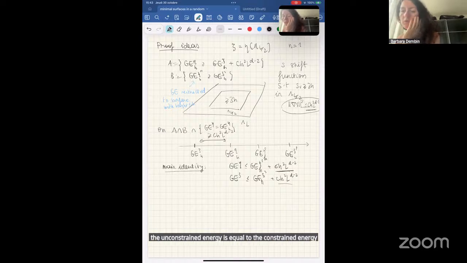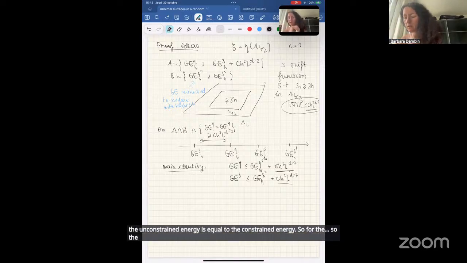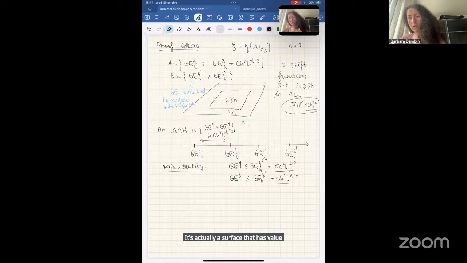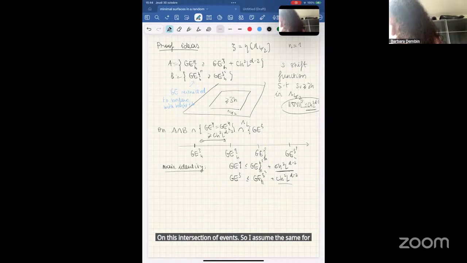So the surface realizing the minimum for GE eta is actually a surface that has value at most h. So we will see that we cannot be on this intersection of events. So I assume the same for GE zeta.